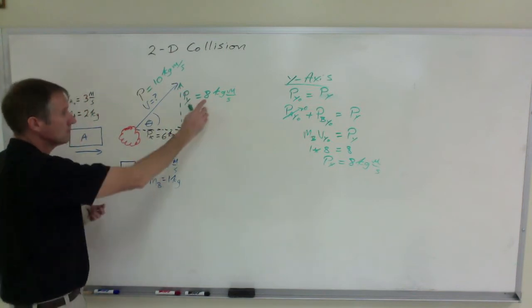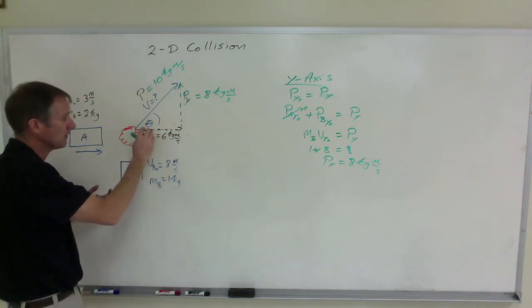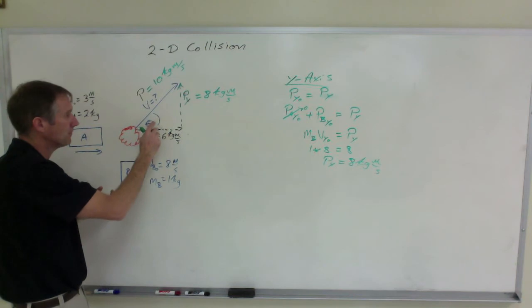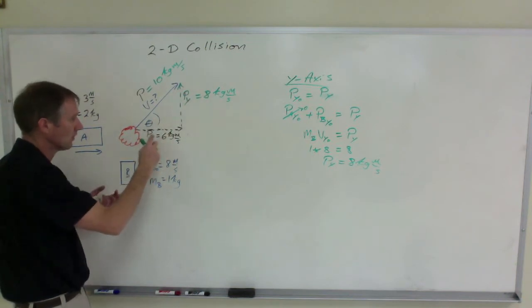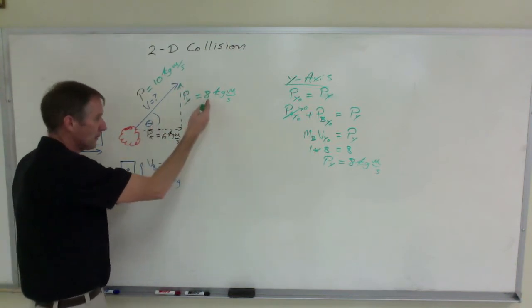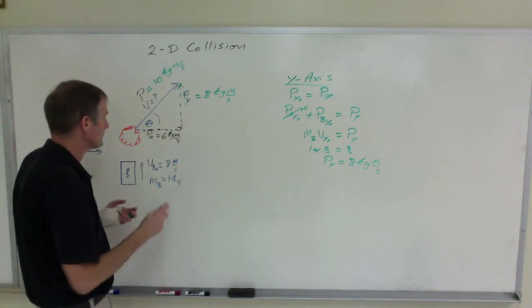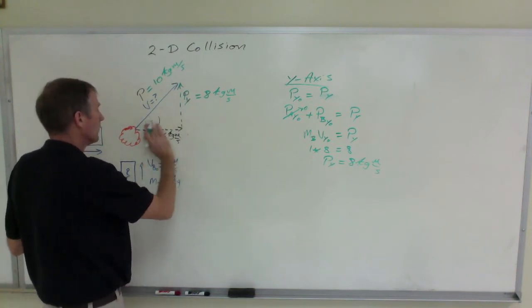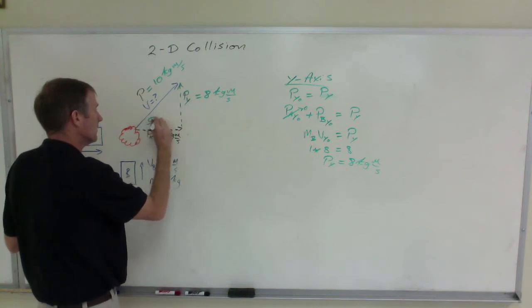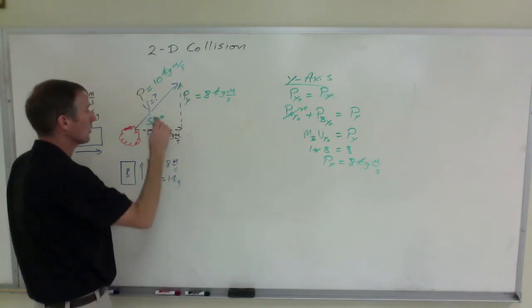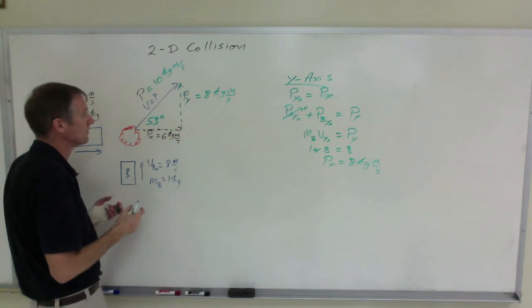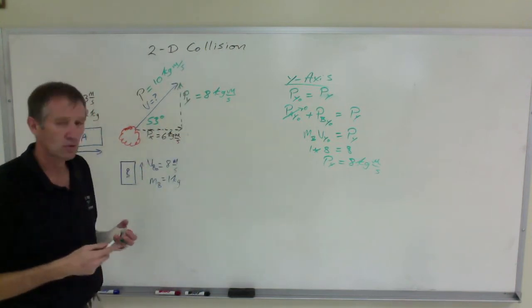The angle is the arctangent of 8 over 6, since the tangent of this angle is opposite over adjacent. 8 over 6 gives 53 degrees. So the momentum after the collision of the system is 10 kilogram meters per second, and the angle that it goes off at is 53 degrees.